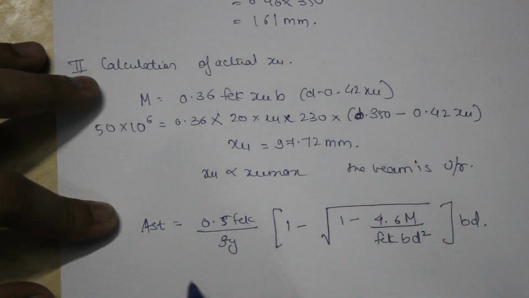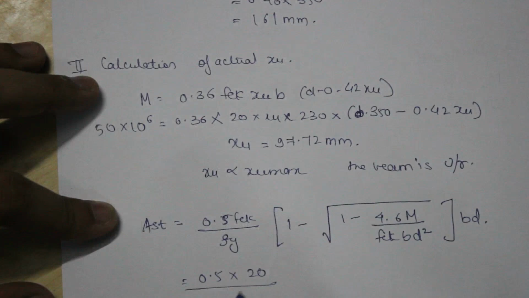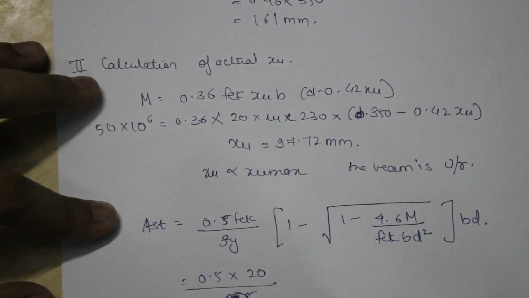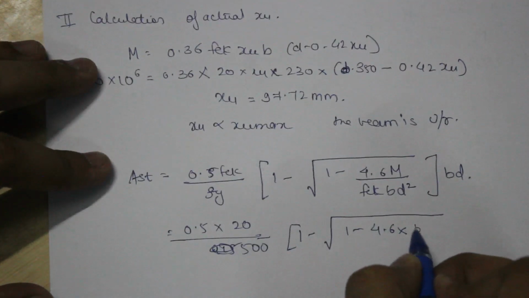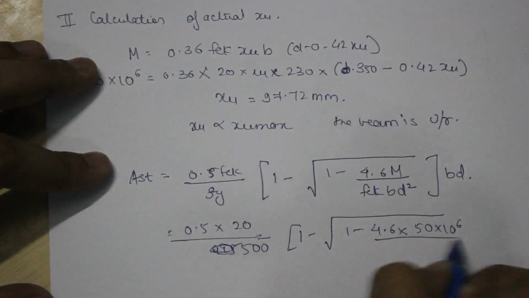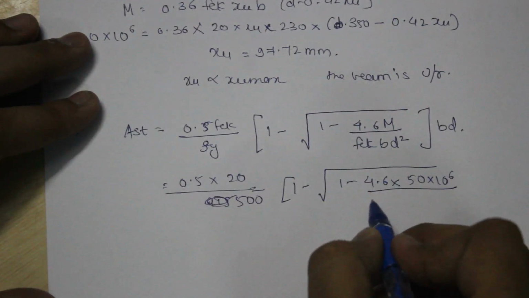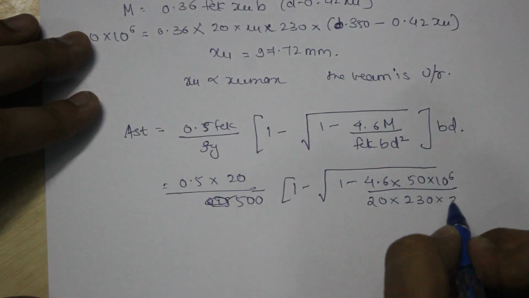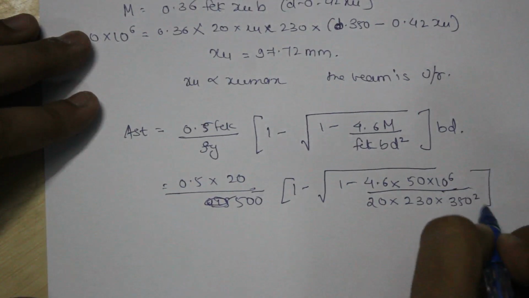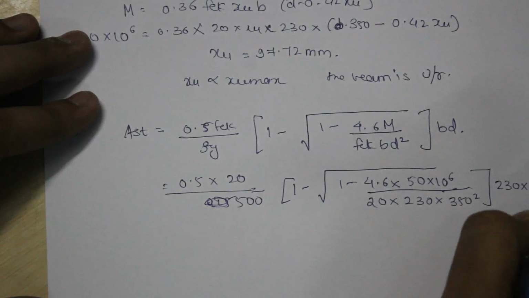So if I plug in all the values from the previous equations, FCK is 20, Fy is 500, 1 minus the square root of 1 minus 4.6, the value of M given to us is 50 into 10 raised to 6 over 20 multiplied by 230 multiplied by 350 square, multiplied by 230 into 350.